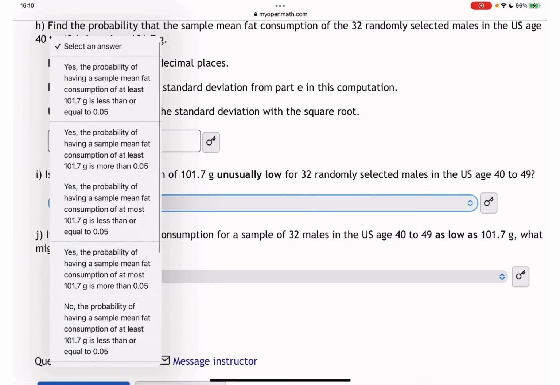Yes, we're having a sample mean fat consumption of not at least, but at most, of having a sample mean is less or equal to 0.05. Yes. Give me one second. Yeah, at most.